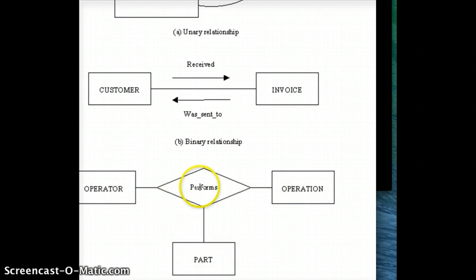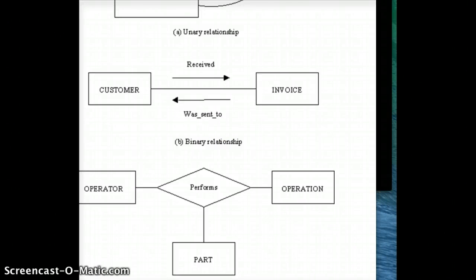So you have a middleman too, which is performs, but operator, operation, and part are a three-way relationship. And because there are three things involved, it's called a ternary relationship.